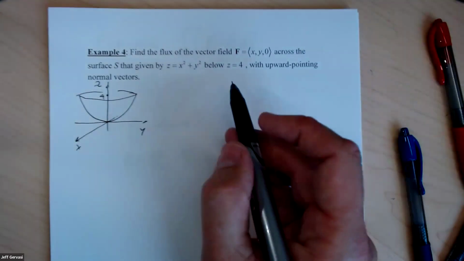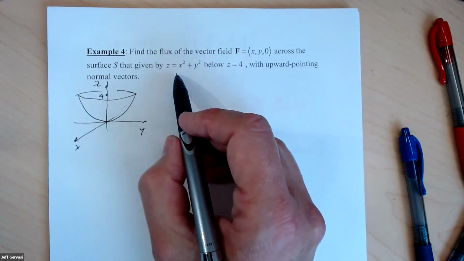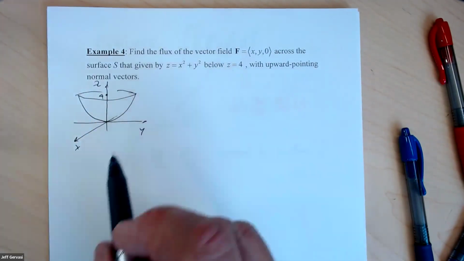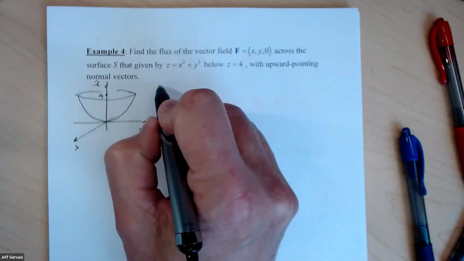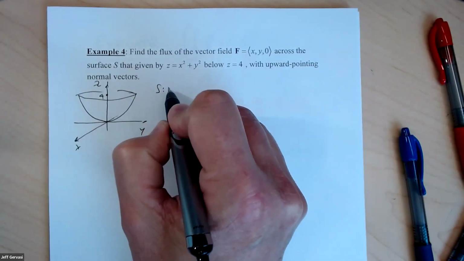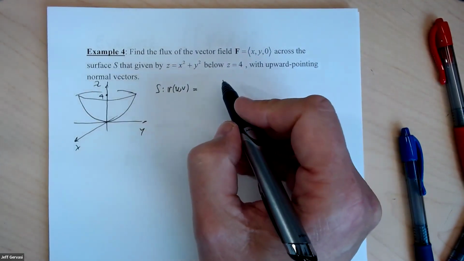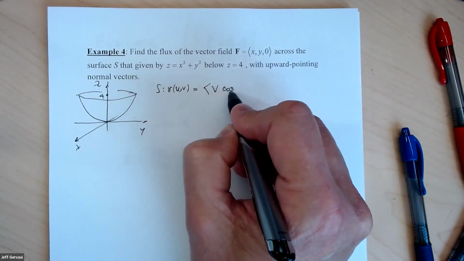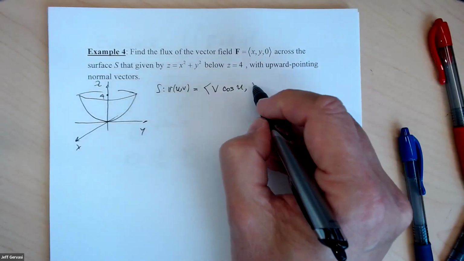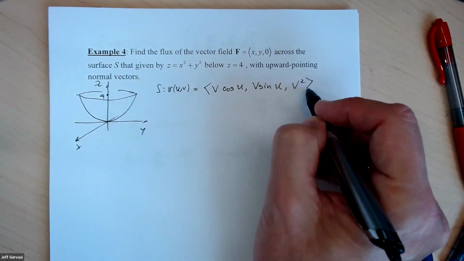Of course, when you plug the plane z equals 4 into your equation, you're going to get 4 equals x squared plus y squared. It's actually the equation of a circle. So let's see. The parametric representation of the paraboloid.